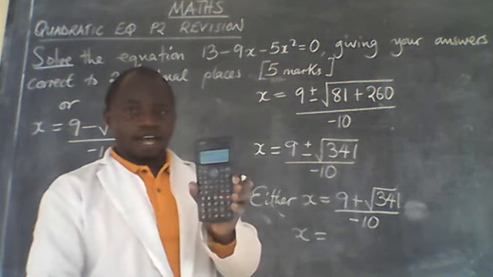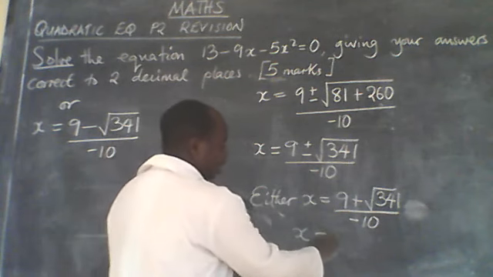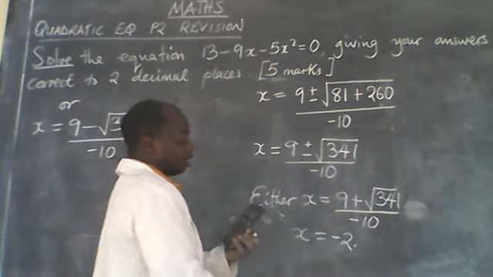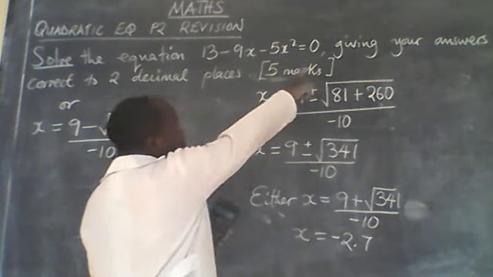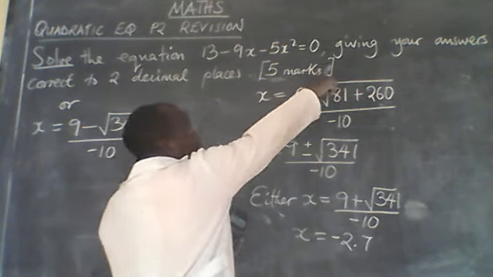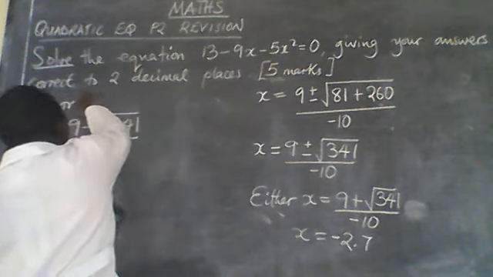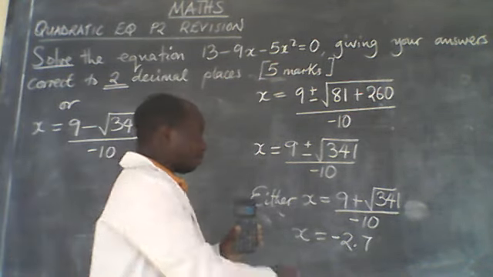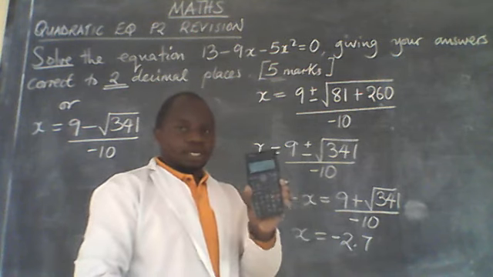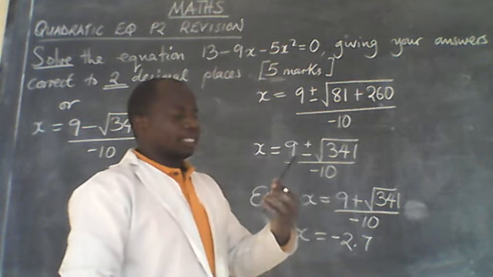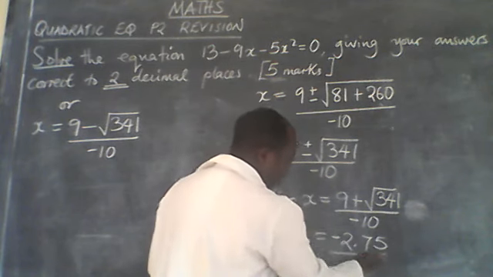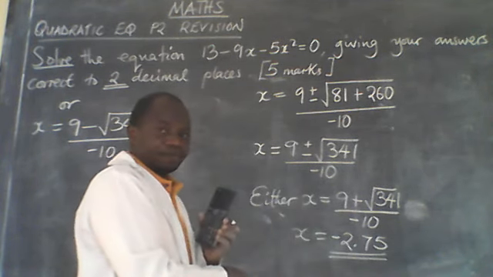Now your final answer will be negative 2.75. Remember, the instructions say giving your answers correct to 2 decimal places. So after the point, there should be 2 numbers, which is 7, 5. This is the correct answer for the first value.